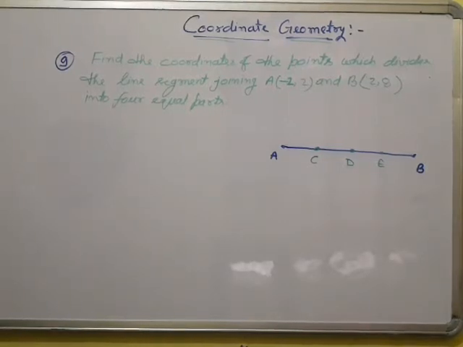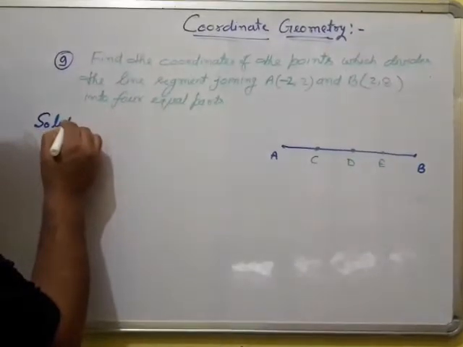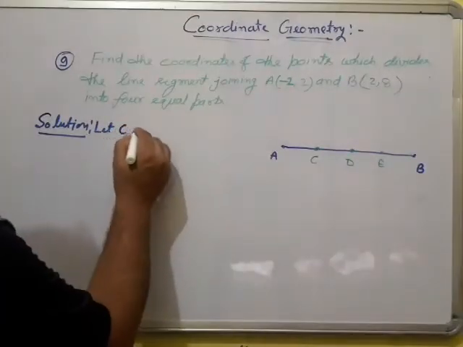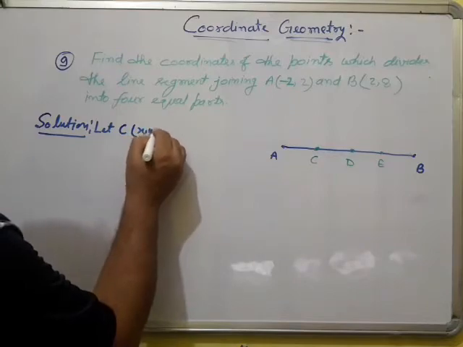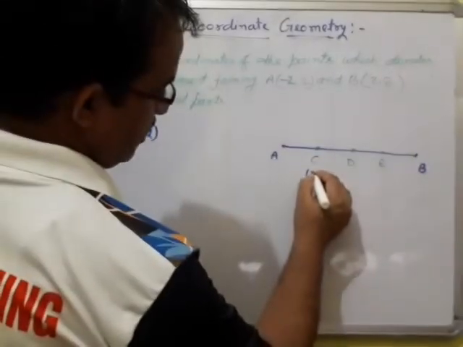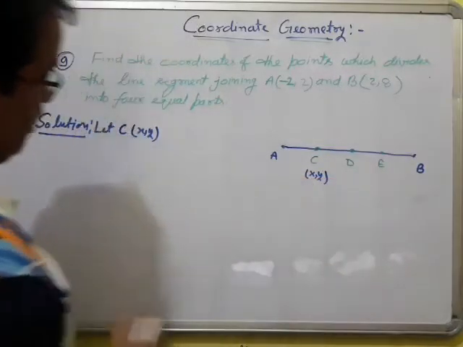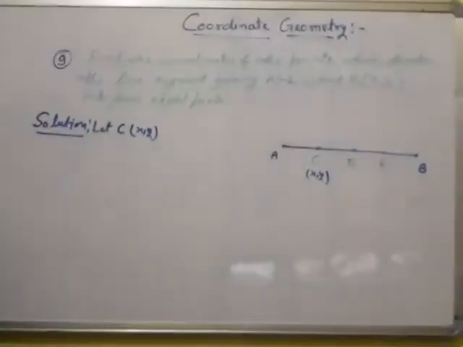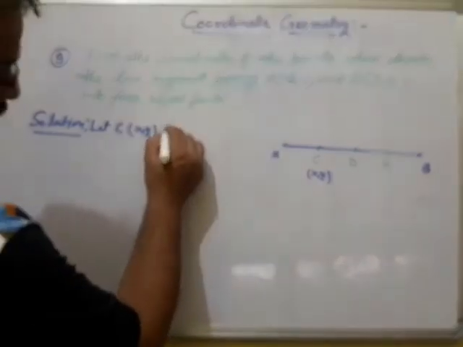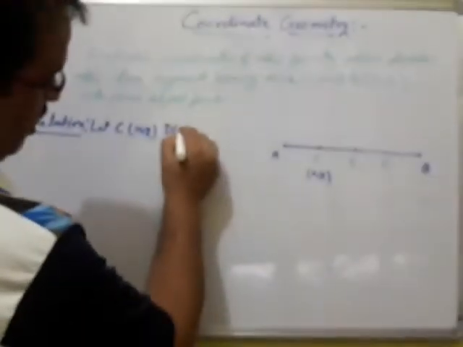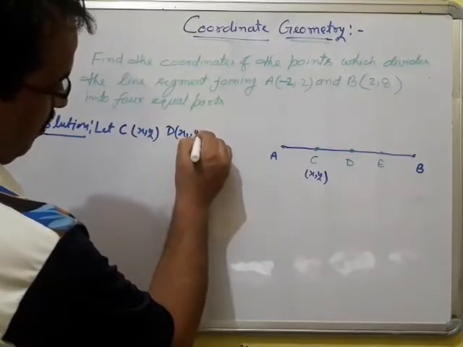Solution: let C's coordinates be x, y. D's coordinates are x1, y1.